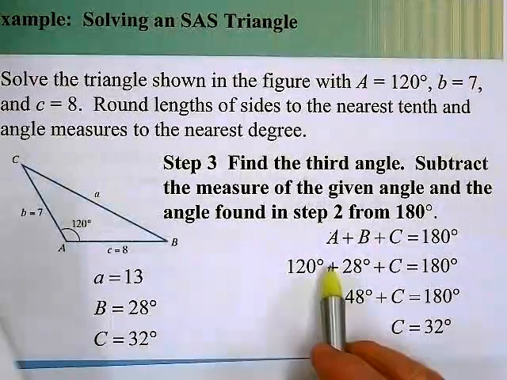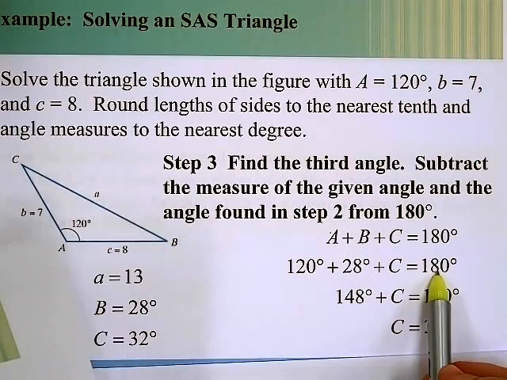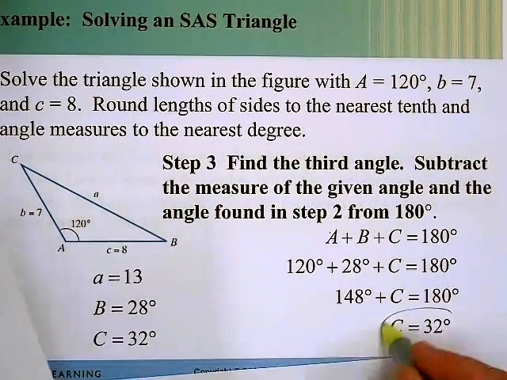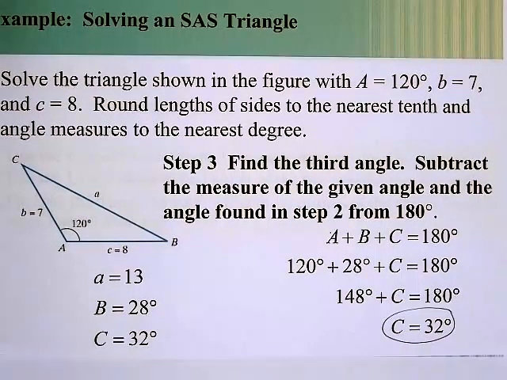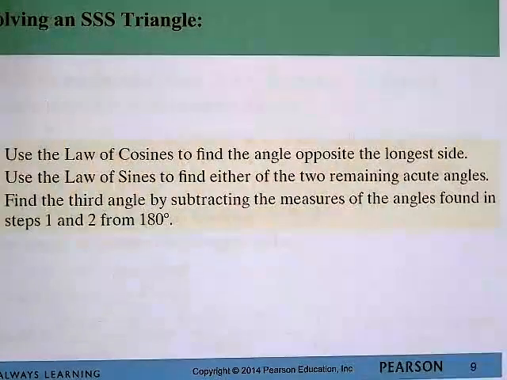Now, if I know that A is 120 and B is 28, I can use the fact that a triangle's angles must add up to 180 to subtract and find that C is 32. So I've found all the parts of the triangle.